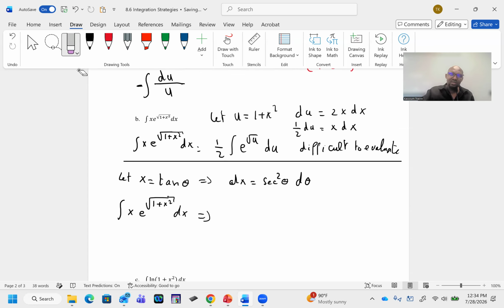Doing the substitution, we will have tangent theta e to the power of square root of 1 plus tangent squared theta, and dx is secant squared theta d theta, right? So now if we rewrite the integral to prepare for substitution again, of course, 1 plus tangent squared theta is secant squared theta, and square root of secant squared theta would be secant theta. Let me simplify this one first.